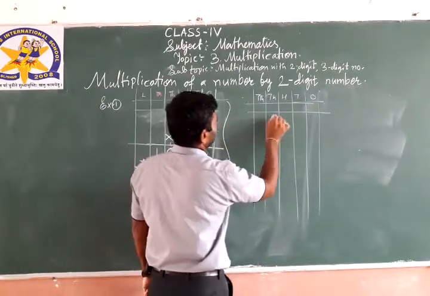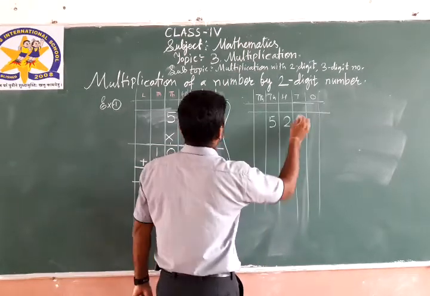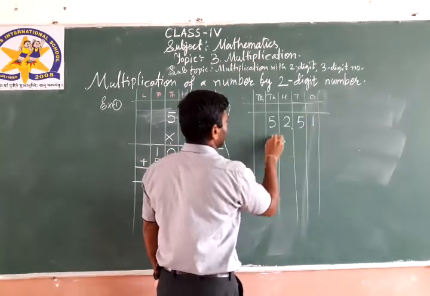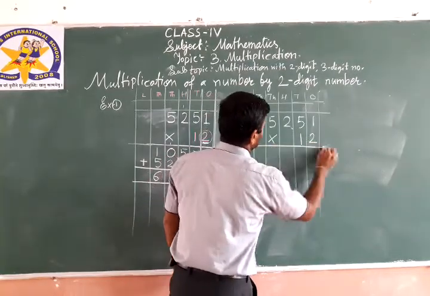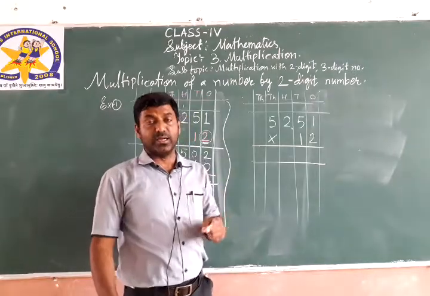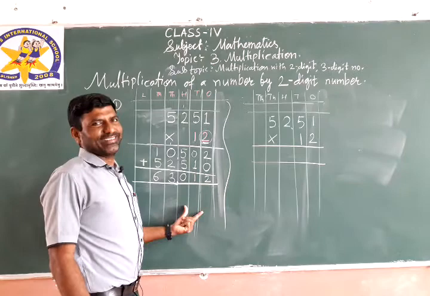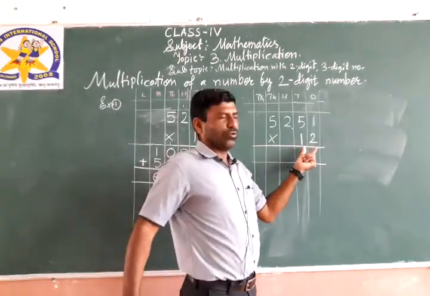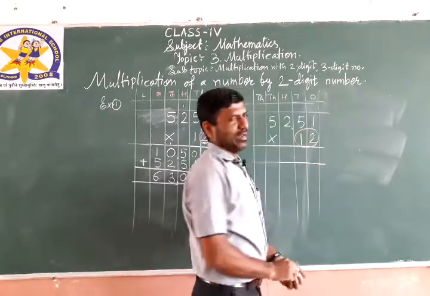Same 5,251 multiplied by 12. If you know the 12th table, that's why I said learn tables, means your time will reduce here. Understand? See, if you know the 12th table, so directly you have to multiply by 12.